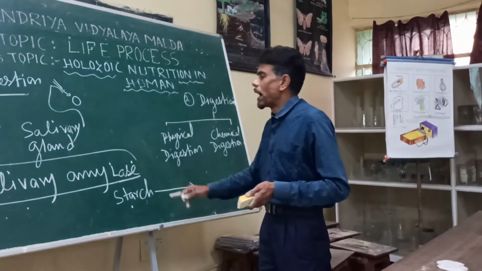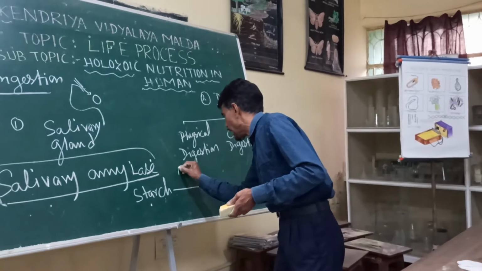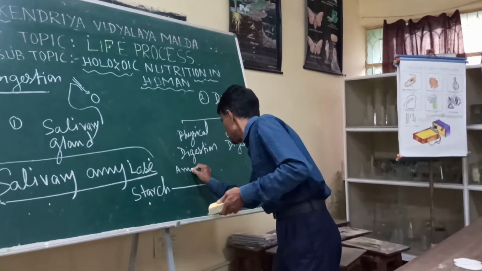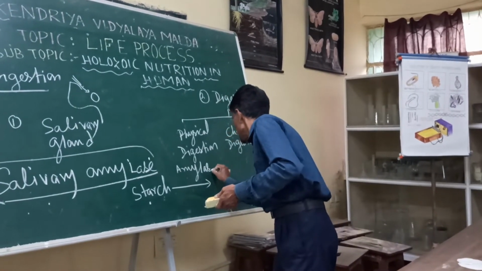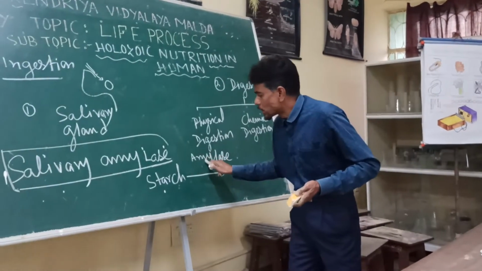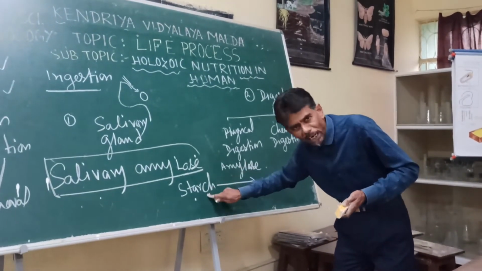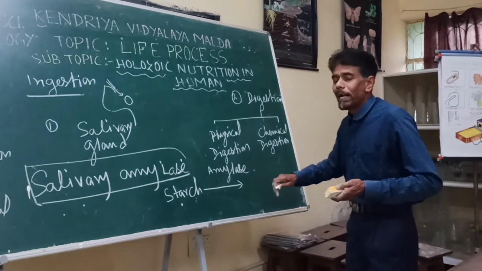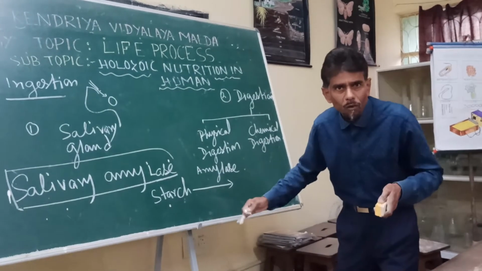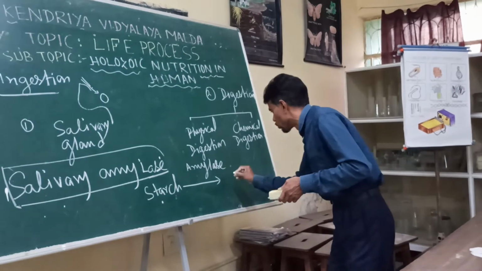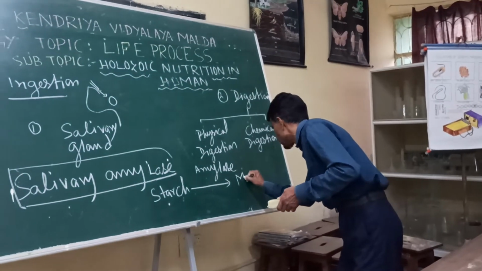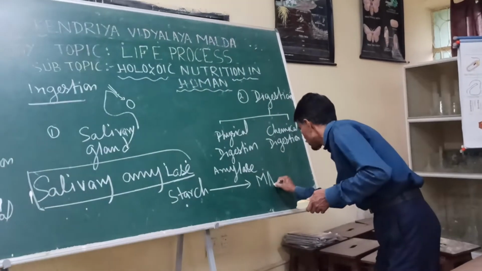This starch, by means of this amylase enzyme, will be broken down into a comparatively simple form called maltose. What is it? Maltose.